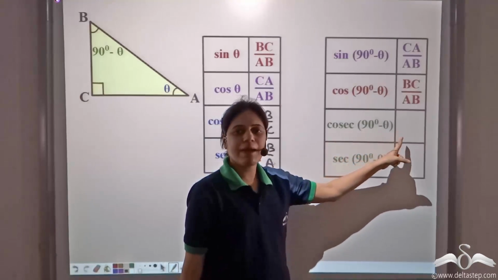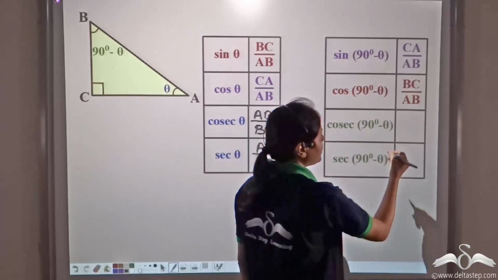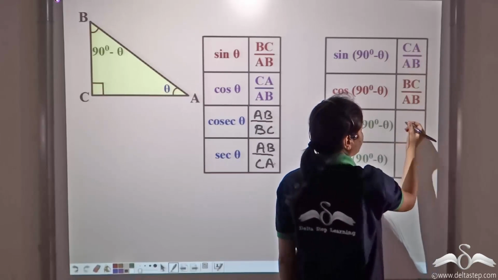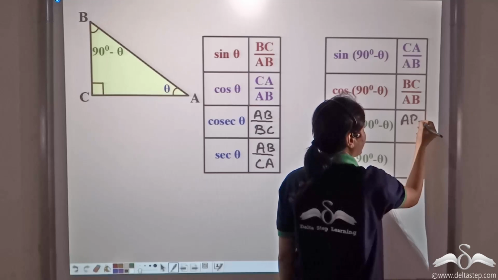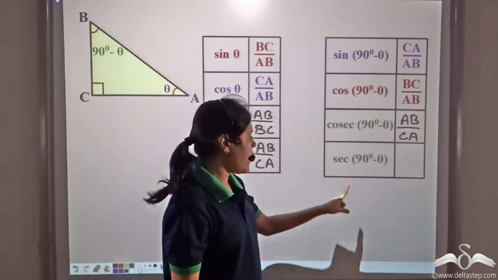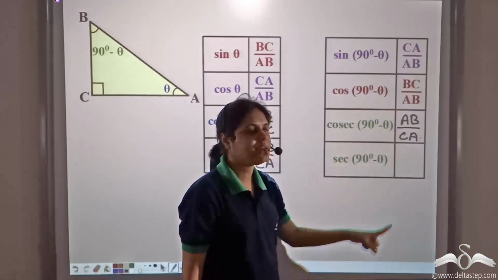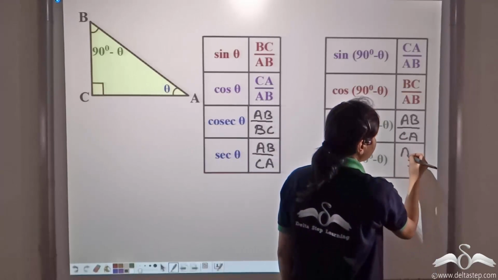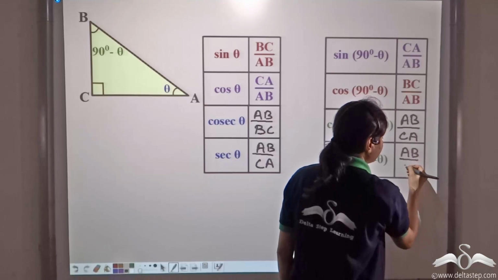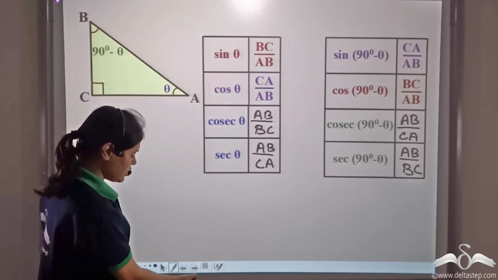Cosec 90 degree minus theta will be the reciprocal of sine 90 degree minus theta, which is equal to AB by CA, and sec 90 degree minus theta is the reciprocal of cos 90 degree minus theta, which is AB by BC. So this is what we have.